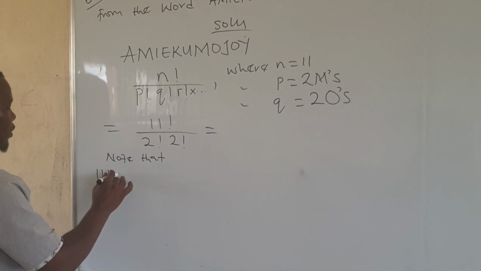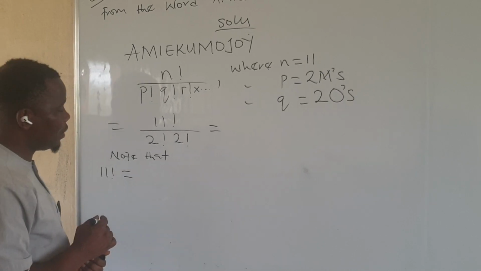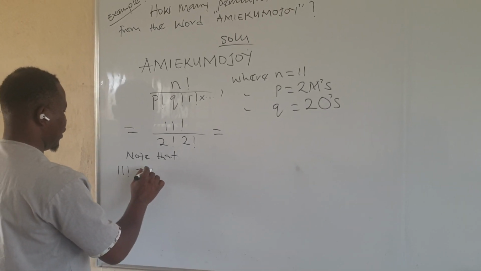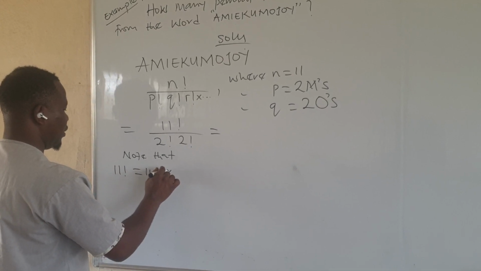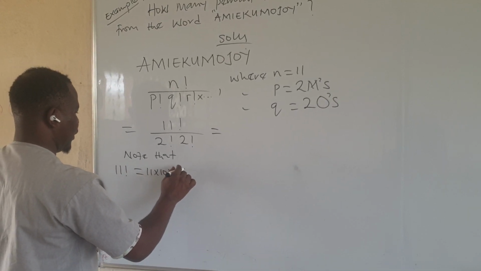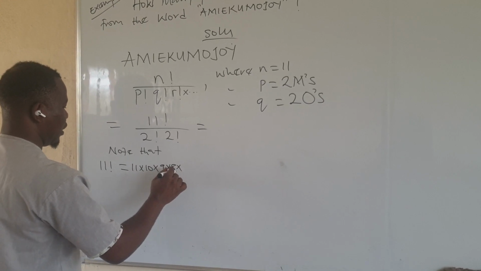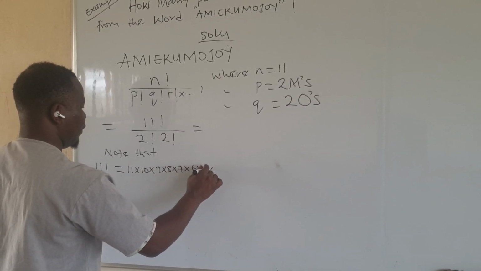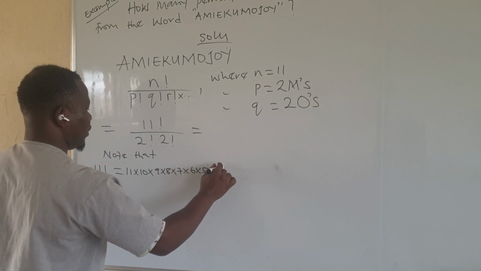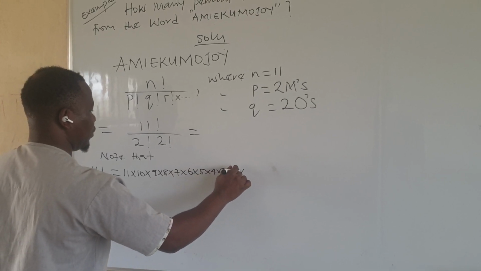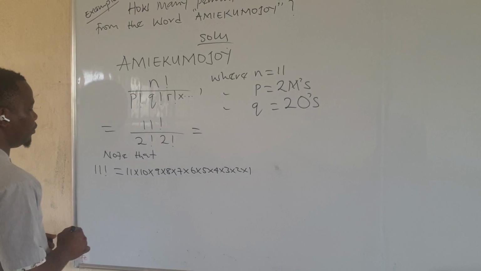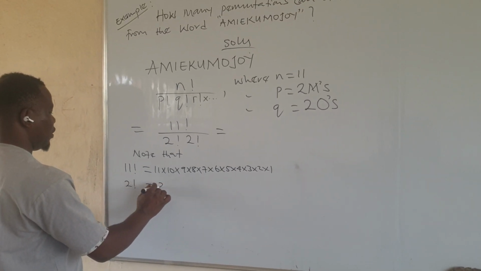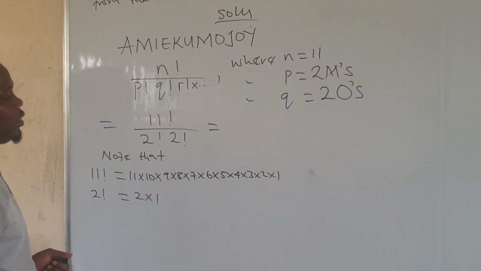Note that 11 factorial means 11 times 10 times 9 times 8 times 7 times 6 times 5 times 4 times 3 times 2 times 1. Also, 2 factorial means 2 times 1. You agree with me?